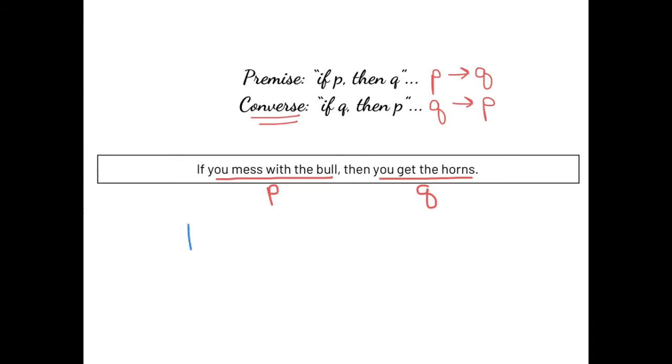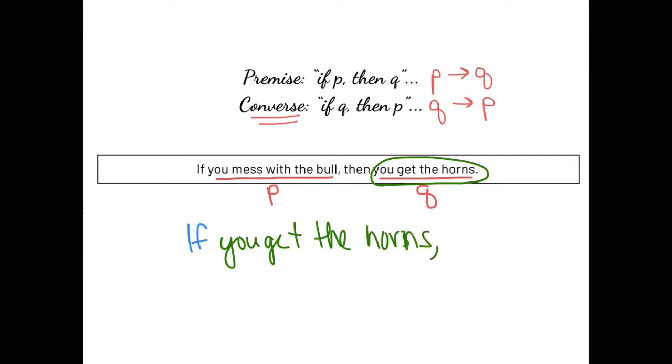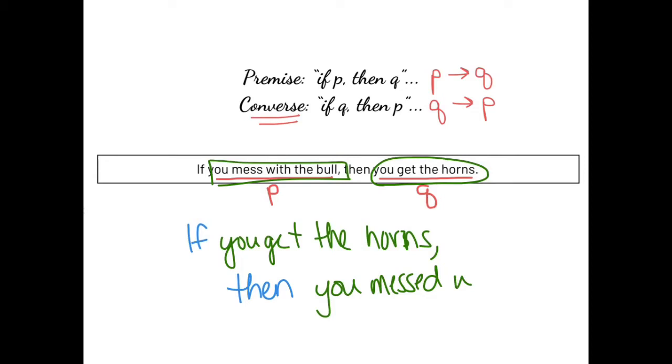So we would say if you get the horns, then you mess with the bull. And we can make it past tense because it makes sense with the language: then you messed with the bull.